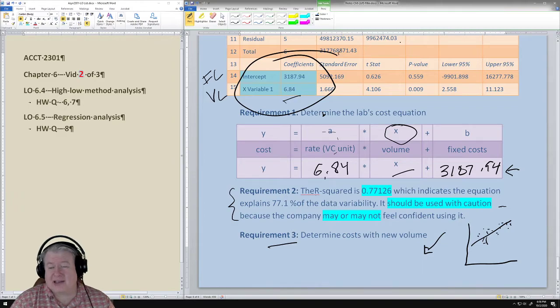If I was a cost accountant and a statistics guy in the cost accounting department, I'd probably say that's still pretty good. That gives us a really good picture. I'm just throwing this out here that you may or may not encounter this in your own question. I wouldn't know if I would say it should be used with caution, but the problem might say that. So just be aware that they're probably looking for a much higher r squared. But as long as you understand the general thing of it, just plug away and figure out what the question's asking.